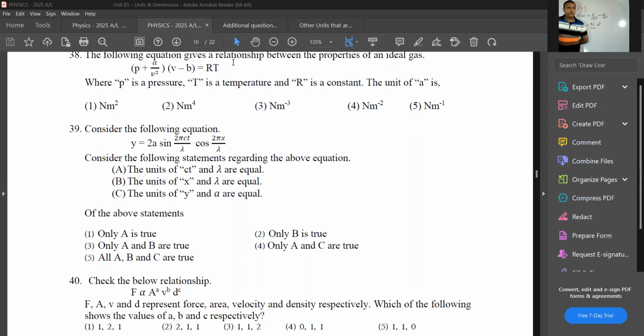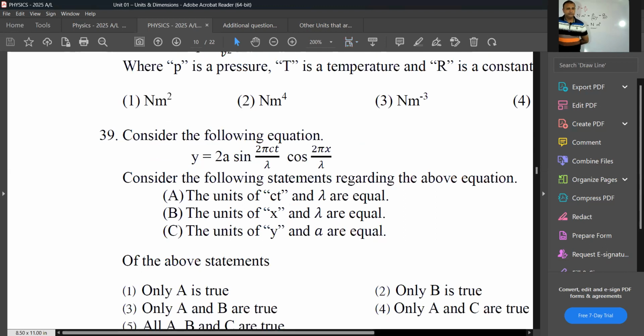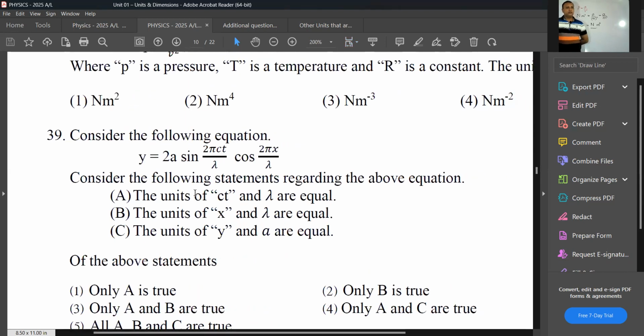The unit of CT and lambda are equal. What is your opinion? Is that true or not? Statement number A, is it true or not? I need your response.